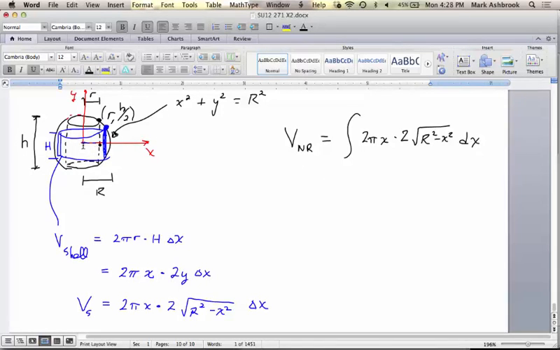So the least value of x, or the first inner shell, is going to be right here at the edge of the hole, right? So what x value is that there at the edge of the hole? r, right? And then the last shell is going to be way out here. It's going to be the widest shell. It's going to come out to here.